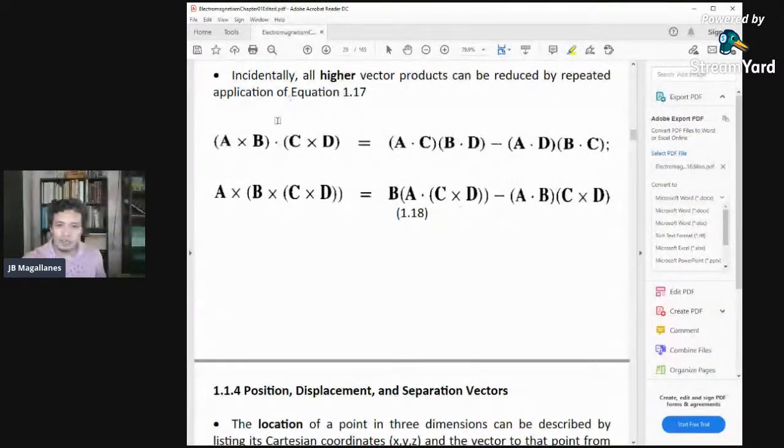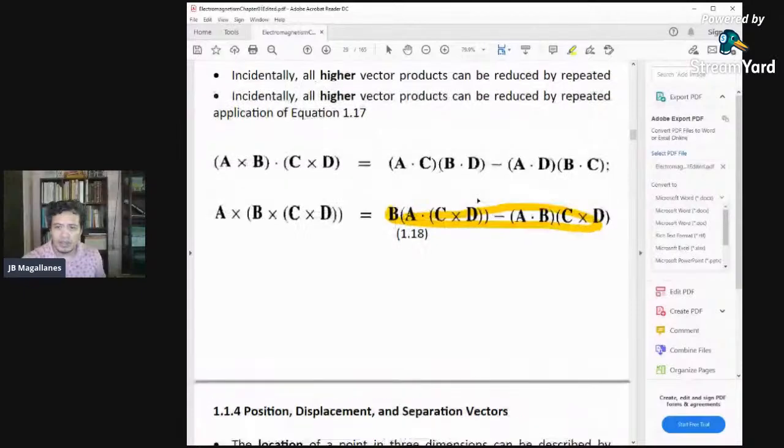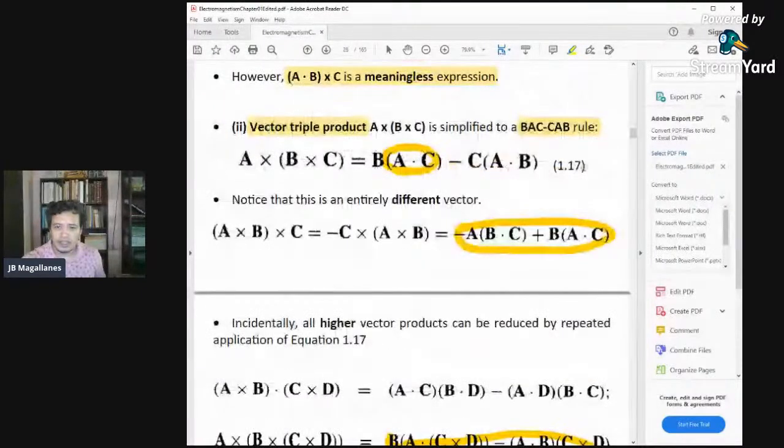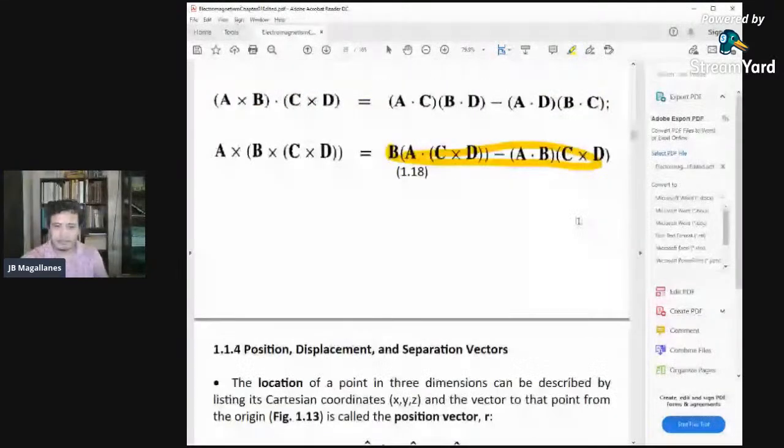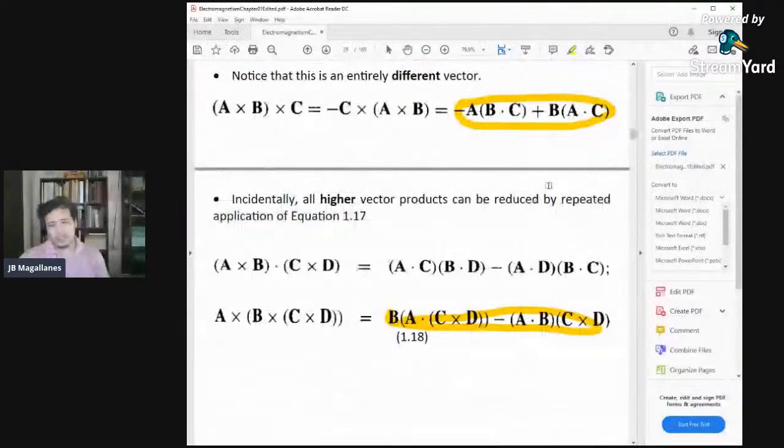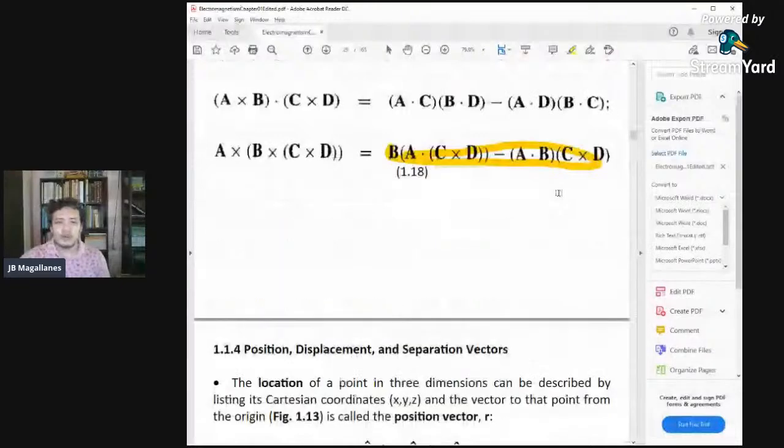If you have this expression, you can simplify it by this, and if you have this kind, you can simplify it by this identity.